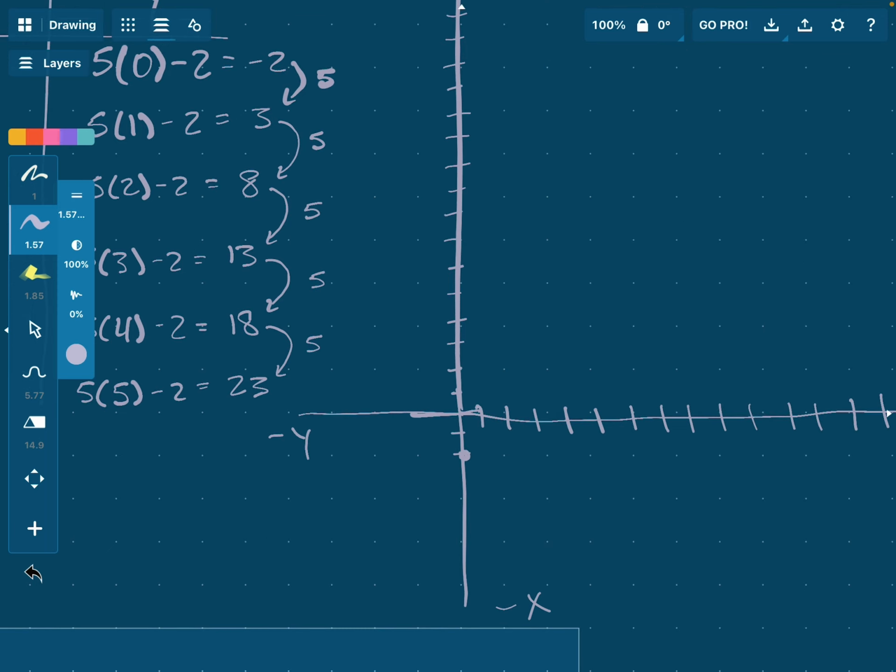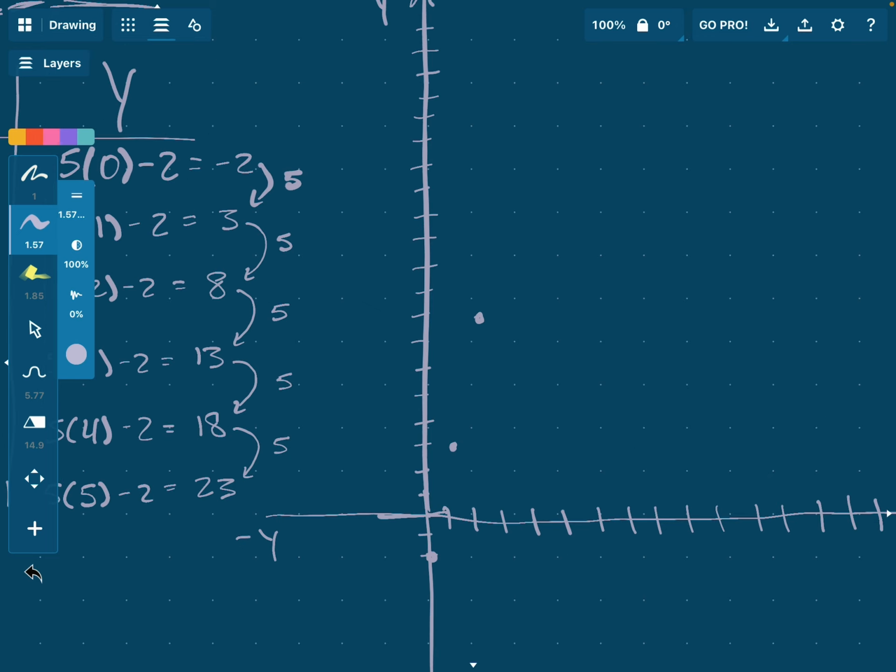When x is 1, y is 3. So we're going to have a dot here. When x is 2, y is 8. So we're going to go up 1, 2, 3, 4, 5. Right there. And so every time, the jump between each of these dots should be the same. It might be a little off here just because of my drawing, but it should be about the same.